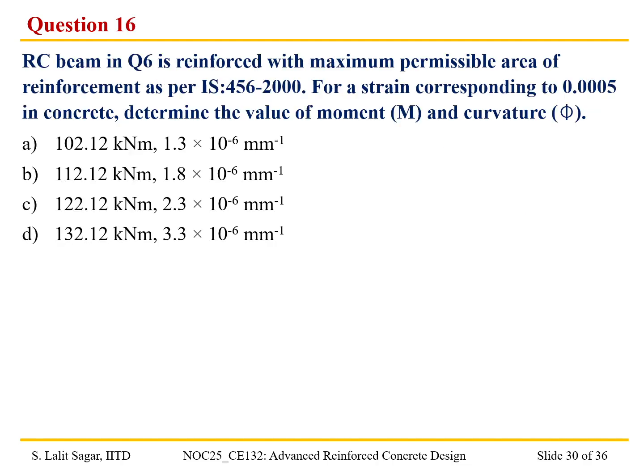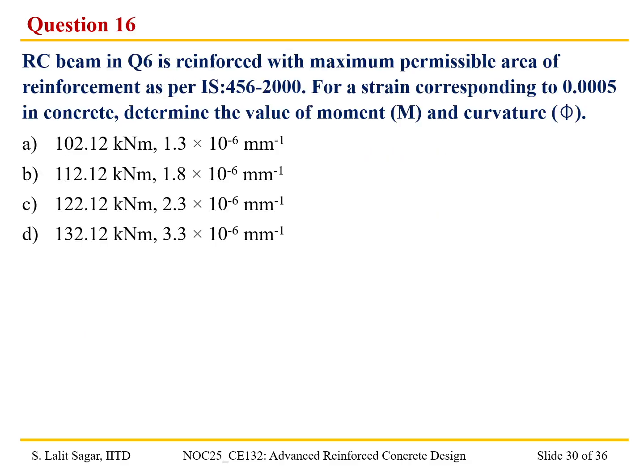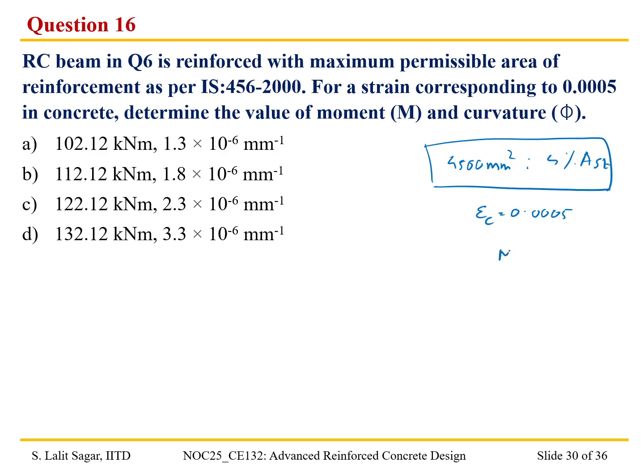Okay, so for the reinforced concrete beam given in question 6, if the maximum permissible area of reinforcement is provided, that is 4500 mm square or 4% Ast, for an axial strain of 0.0005, we need to determine the value of moment and curvature.